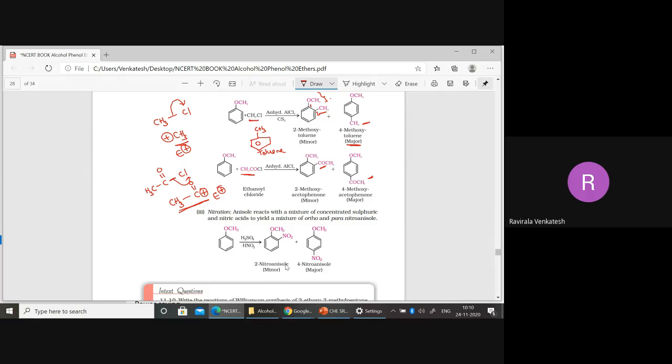Now where do you have methoxy here? Here it is. Numbering 1, 2. So this is methoxy toluene. No need to write 2 here.